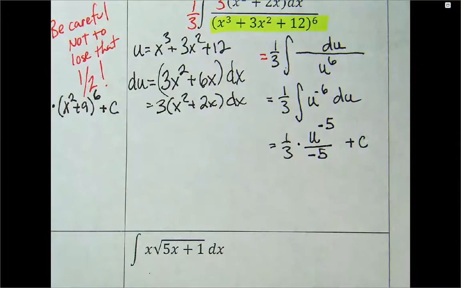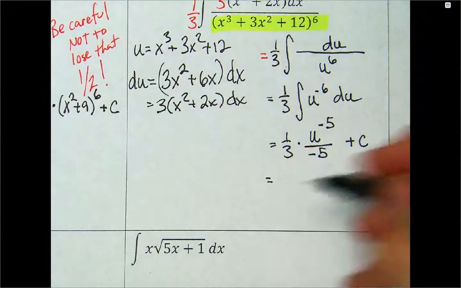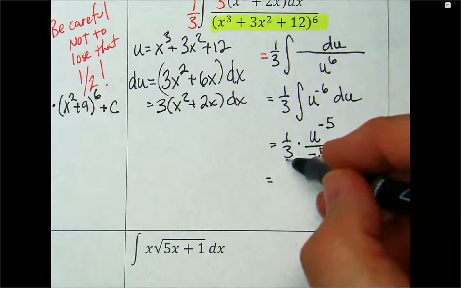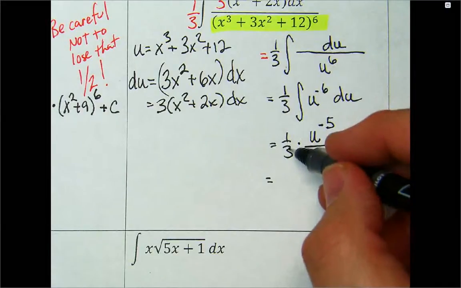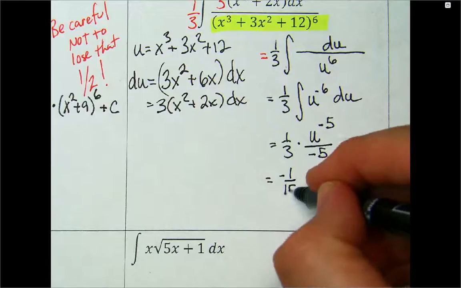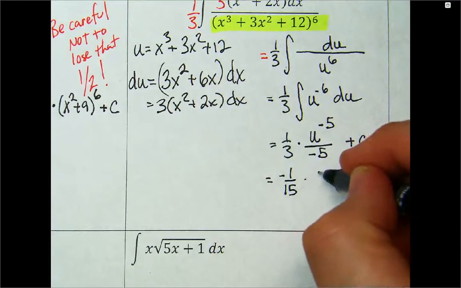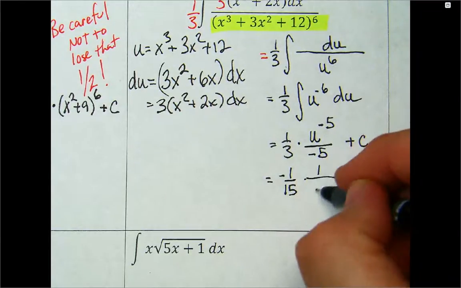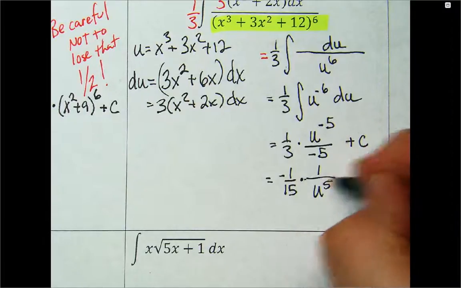Now I'm going to take that negative 5, since it's in the denominator, multiply it to the denominator of 1/3, and get negative 1/15 times, now u to the negative 5th is 1 over u to the 5th, plus c.